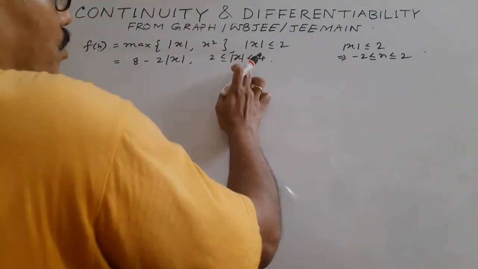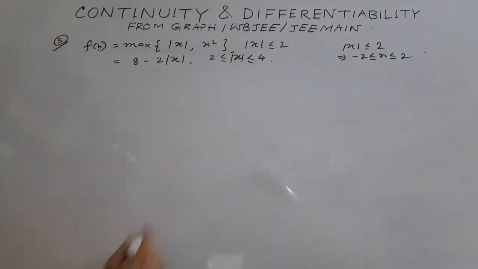Now this is mod x less than or equal to 4 but greater than or equal to 2.